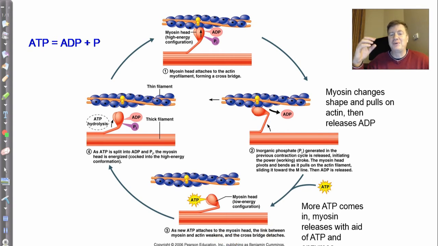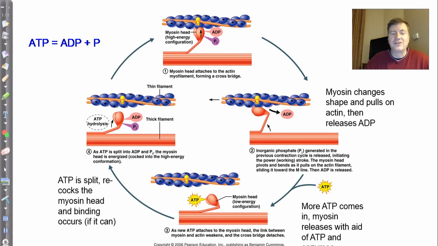So now myosin is back in this limp and detached stage, but ATP is attached. That's good because ATP is going to be split. That is, we're going to split it back to ADP and P, and the energy that's released in that process is going to recock that head back into this high energy position again.